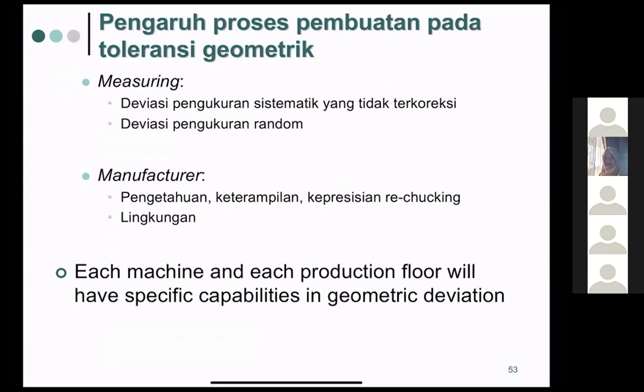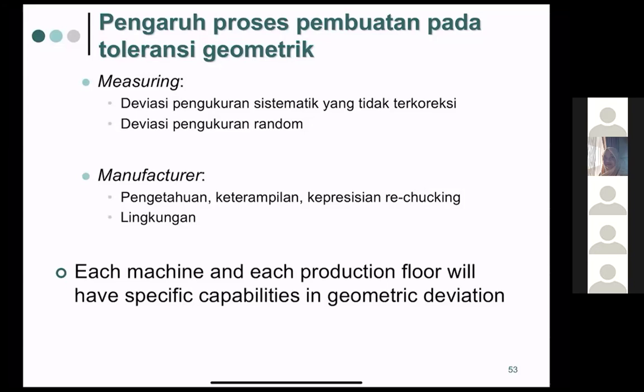Each machine and each production floor will have specific capabilities in geometric deviation, and it is the role of quality control and quality assurance in that production department to make sure that the parts that we make comply with the standard.